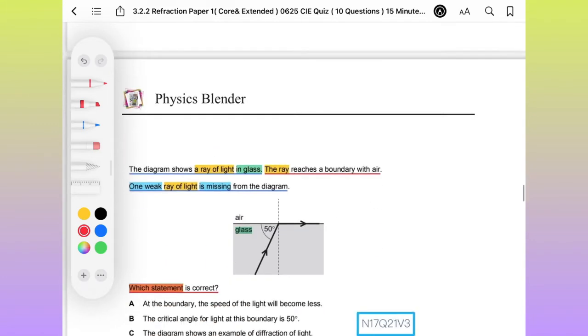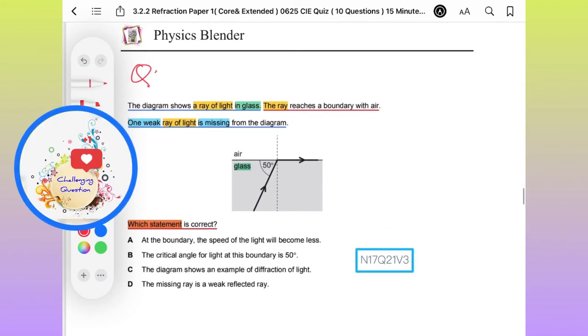Question 10. The diagram shows a ray of light in glass. The ray reaches the boundary. Which statement is correct? Here we have the angle of incidence first, here it is 40, not 50. And we have one weak ray of light missing from the diagram. So we have here a weak reflected ray. It's not totally internally reflected.